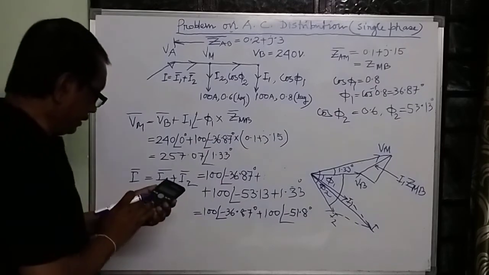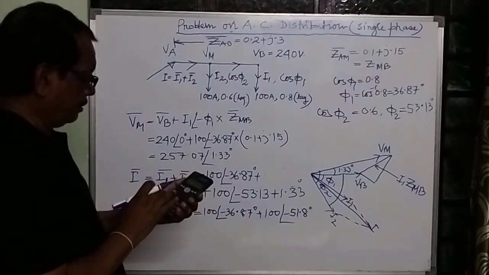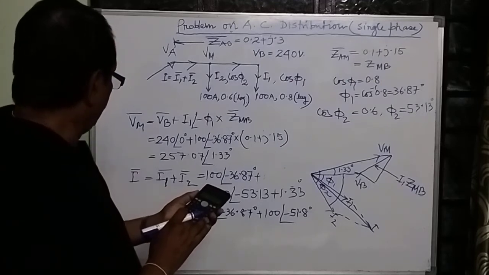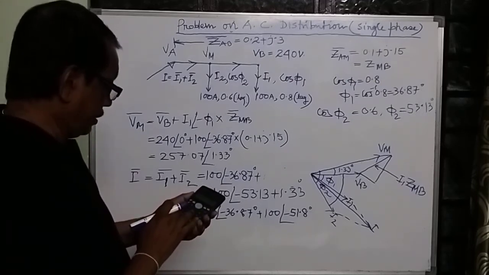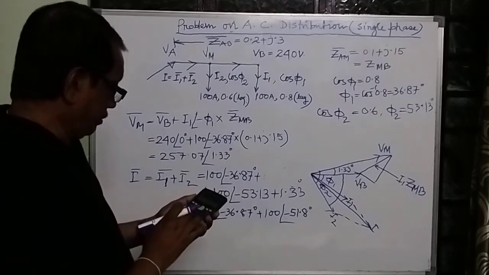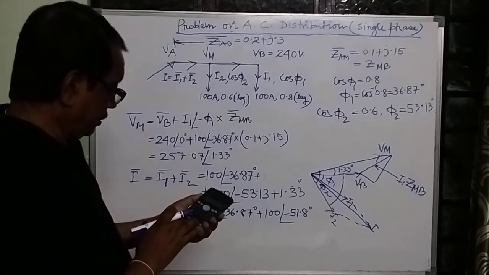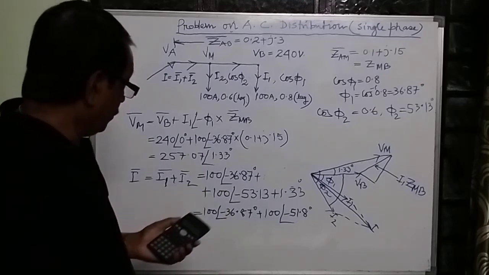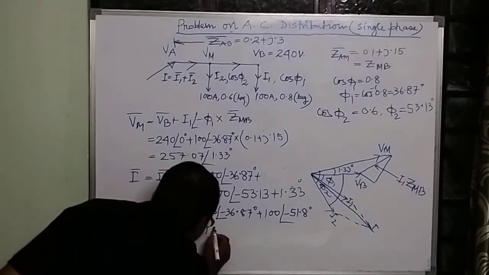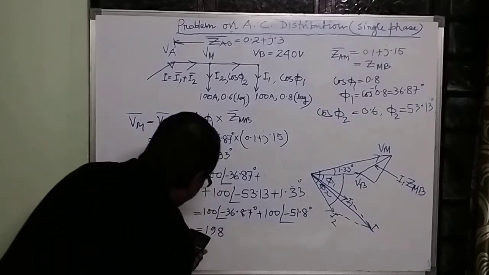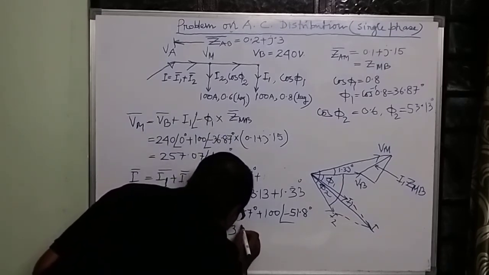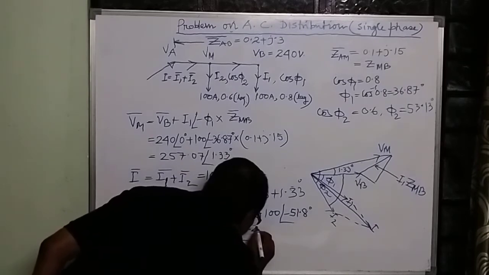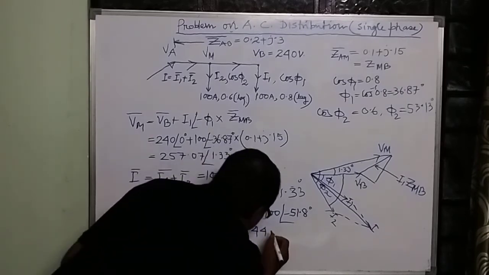So according to the calculator, 100 shift angle minus 36.87 plus 100 shift angle minus 51.8 shift equals 198.3 angle minus 44.335.